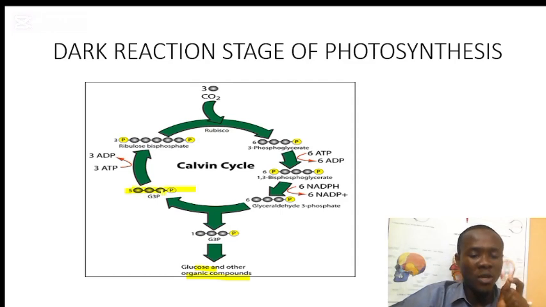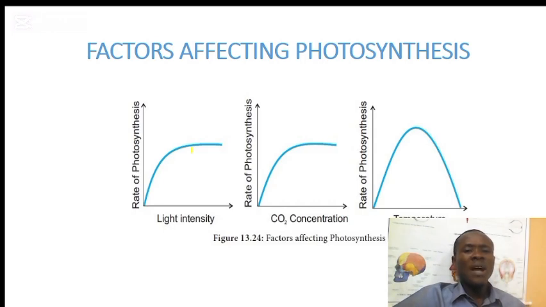Now these 5 molecules of glyceraldehyde will undergo a series of reactions using 3 molecules of ATP, which gives us 3 molecules of ADP, to form what we call ribulose 1,5-bisphosphate, which we talked about at the start of this dark reaction stage, that it is the molecule that accepts CO2.